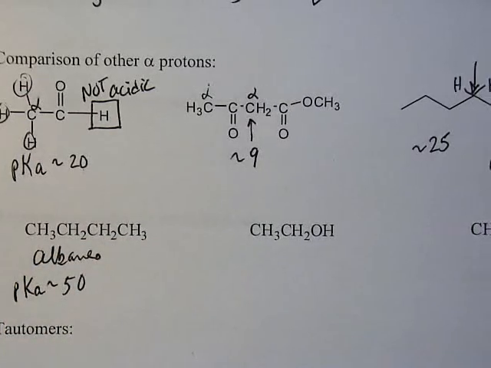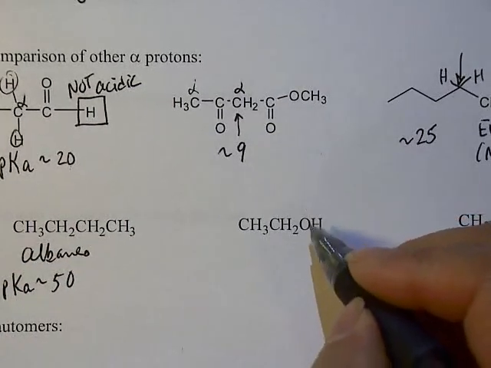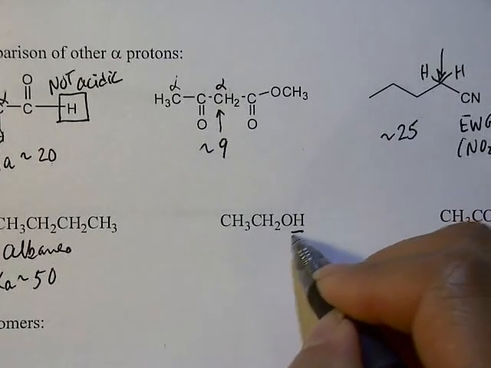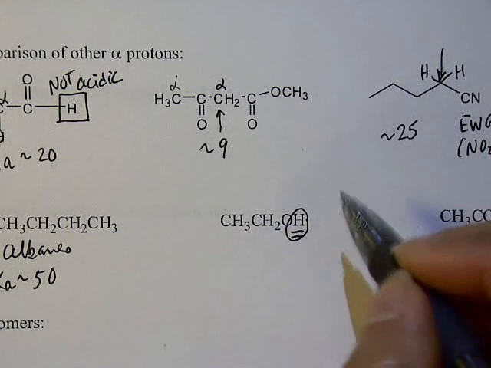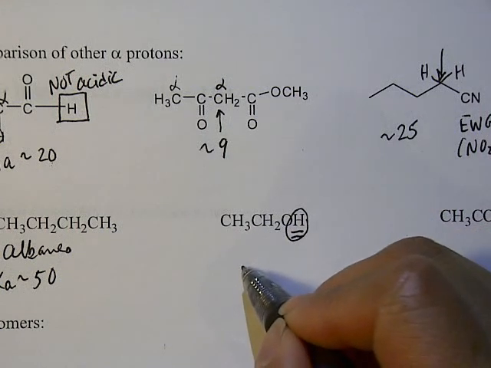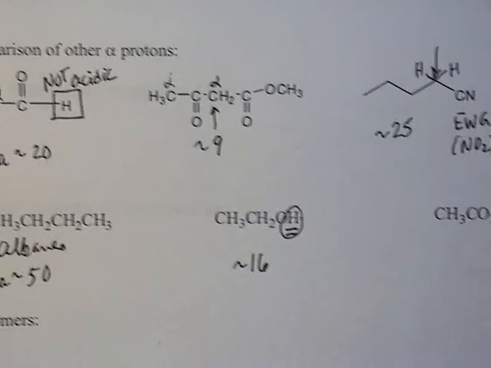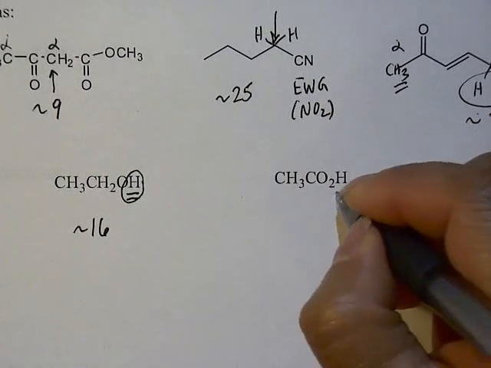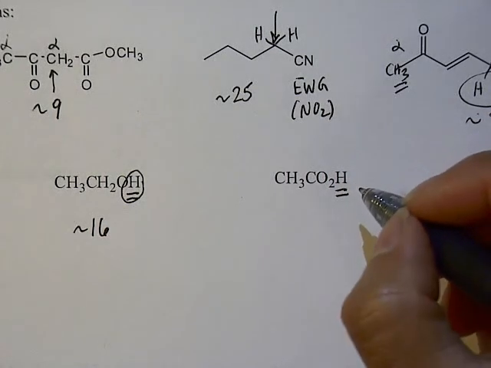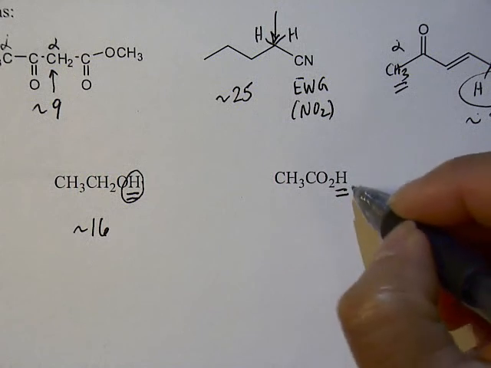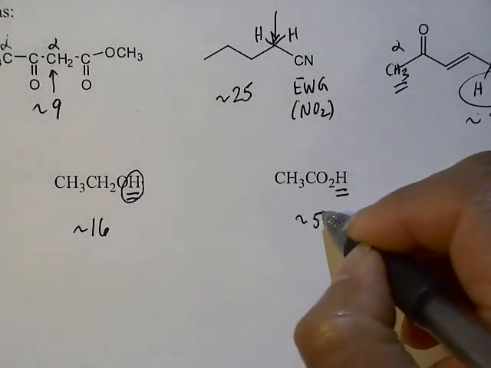In contrast to that, if you have electronegative atoms, so an alcohol or water, those hydrogens have a pKa around 16. Whereas the carboxylic acid proton, we went over this in the acid family in Unit 3, you know that the pKa of this is 5.